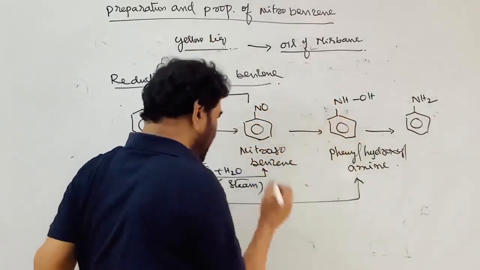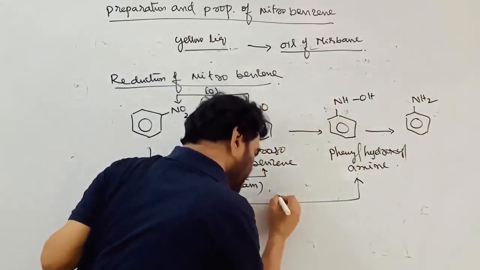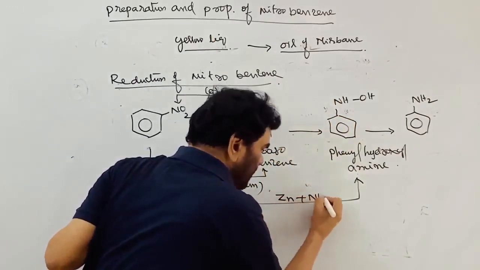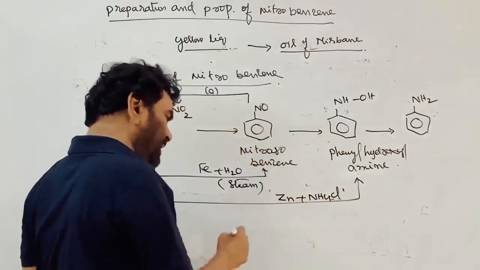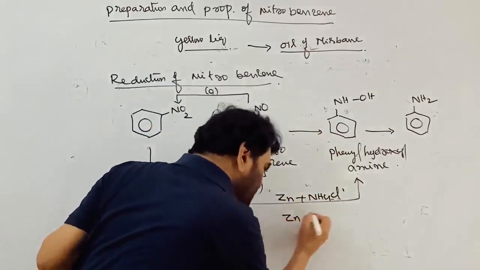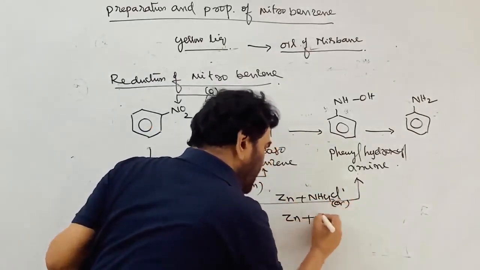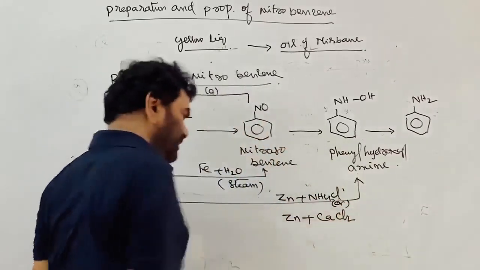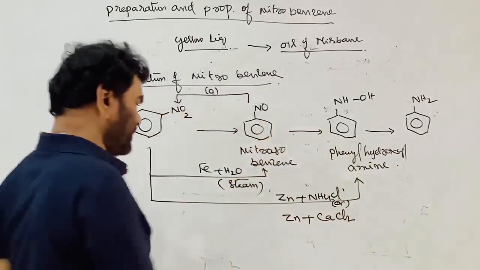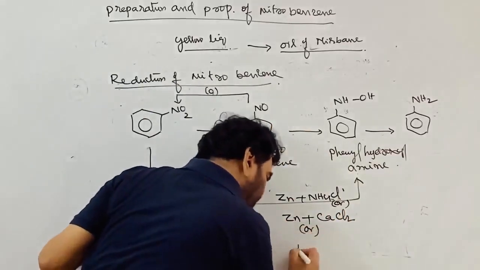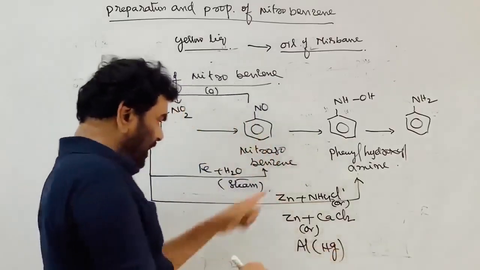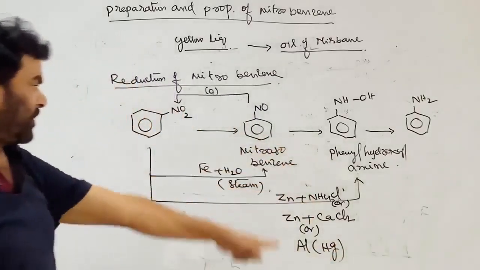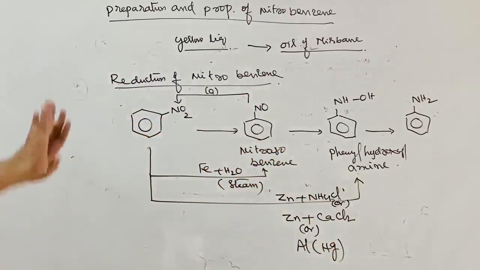If it is treated with a neutral medium, zinc plus ammonium chloride, NH4Cl, or zinc plus calcium chloride, or the third one, amalgamated aluminium, any one of these reagents gives hydroxylamine. No further reaction at all.